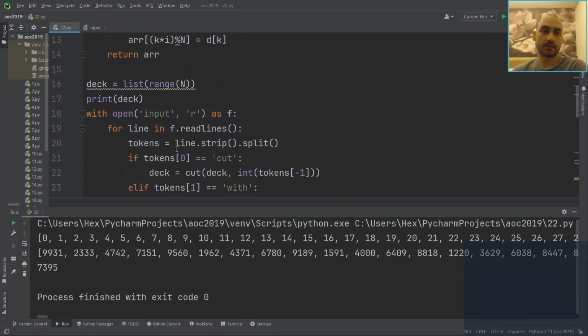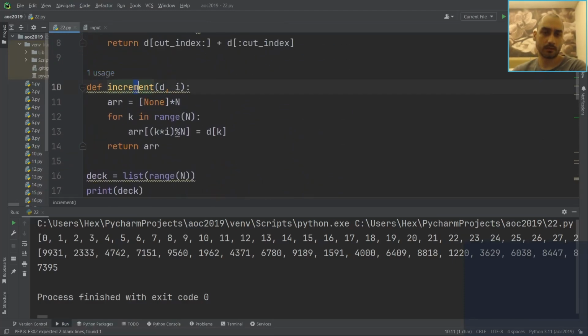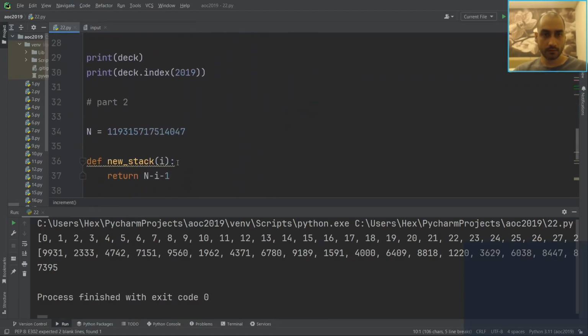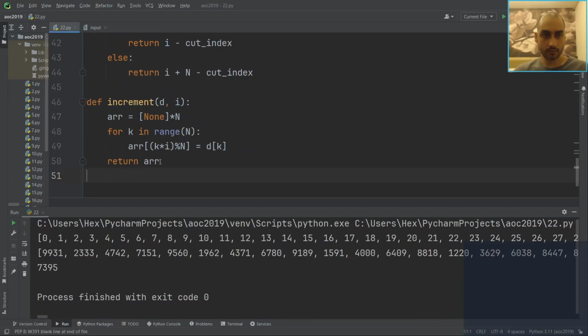All right, so that's cut, and then increment. Increment might be the tricky one. No, increment's the easy one. So we have this array. Oh, no, wait, hang on. No, this is the hard one, but it's not that hard.